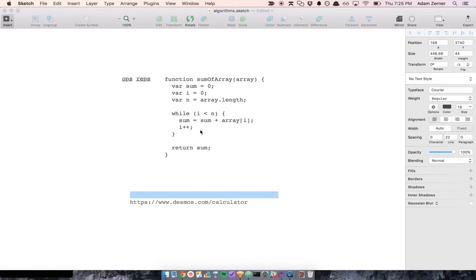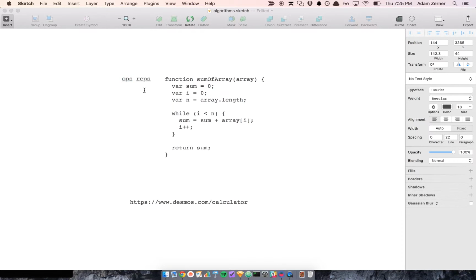Well, what we can do is see how many operations it takes to execute this algorithm. And we can assume that, let's say, it takes the computer 1 millisecond to perform one operation. And so from there we can infer how long it'll take to complete as a function of the input size.